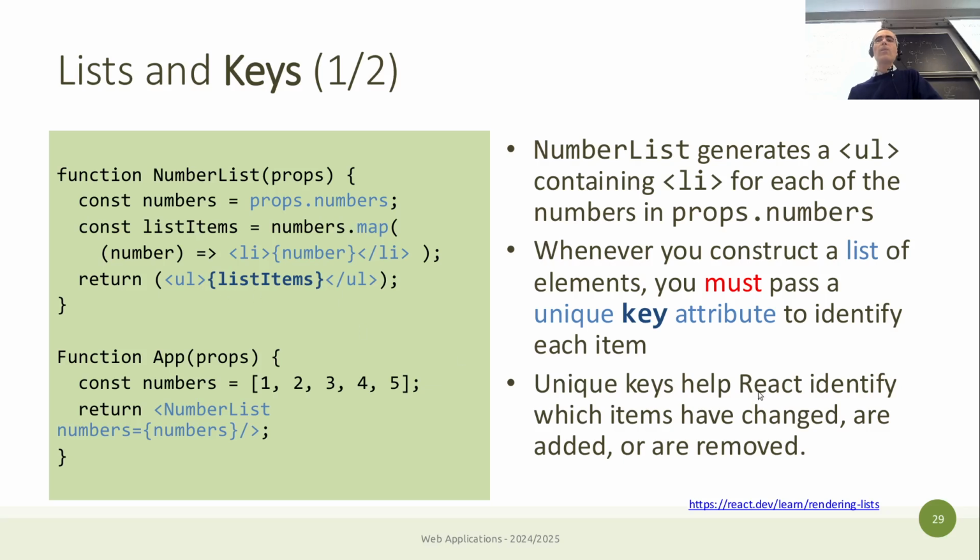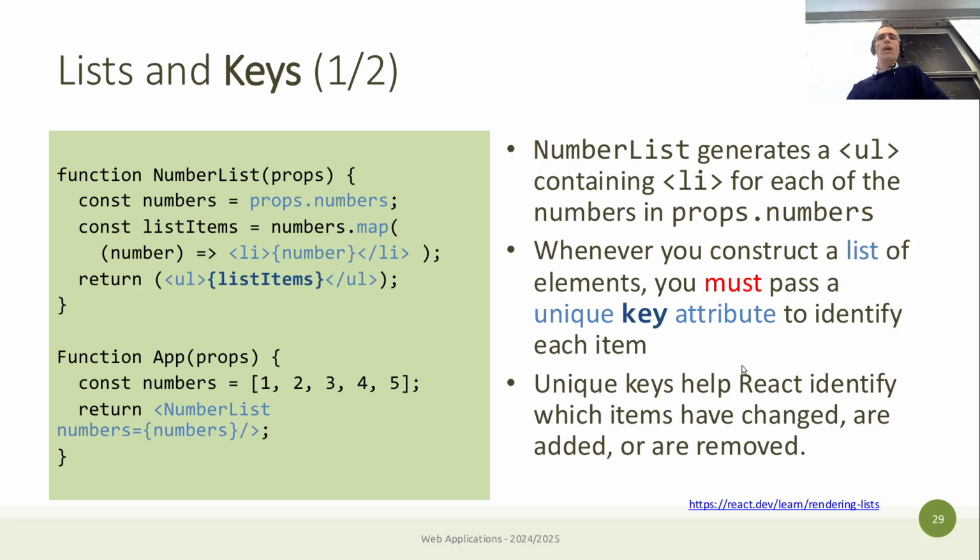React uses this unique key to identify which items have changed. You remember that it has to make this diff very efficiently between the virtual DOM old version and new version. And if this key is the same, it means for React that nothing has changed, so I skip this element and go to the next.